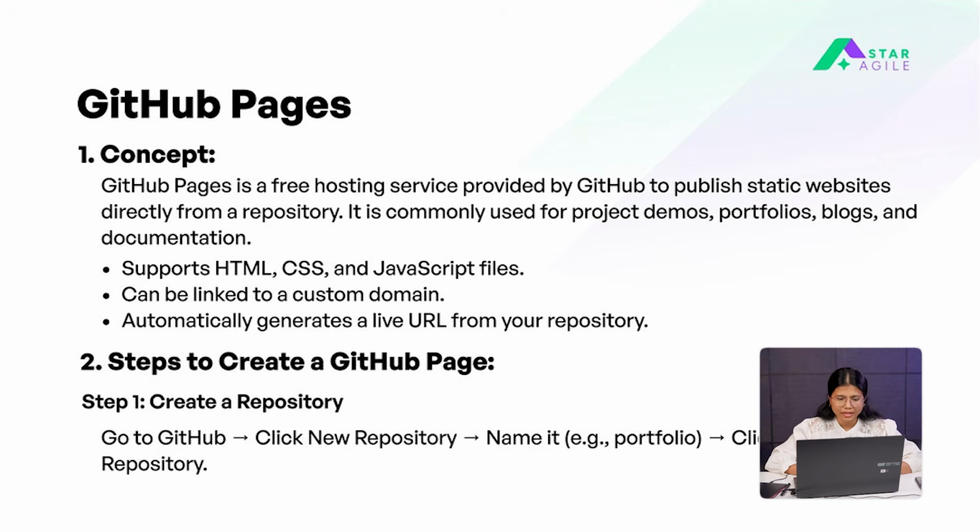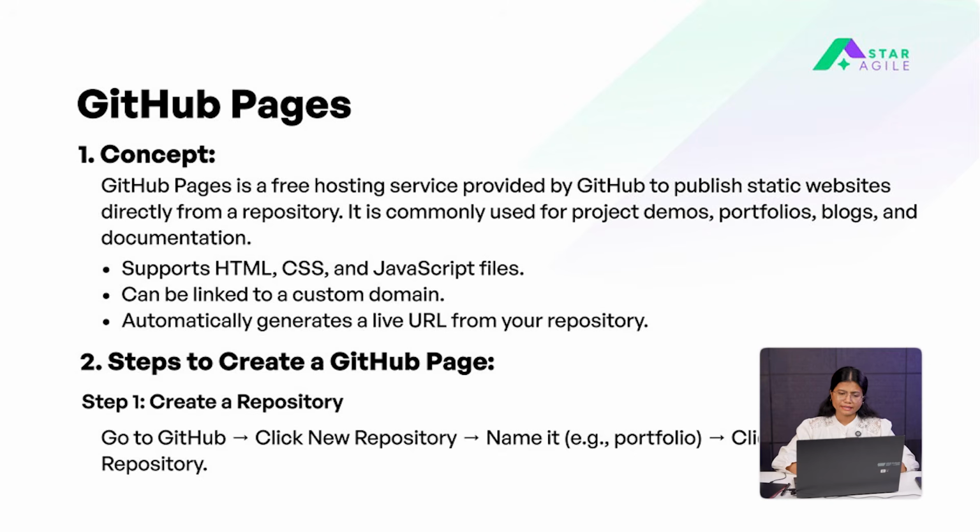GitHub Pages is a free hosting service provided by GitHub to publish a static website. It is freely available from GitHub, directly from the repository. It is commonly used for project demos, portfolios, blogs, and documentation. You can also put your resume portfolio there.